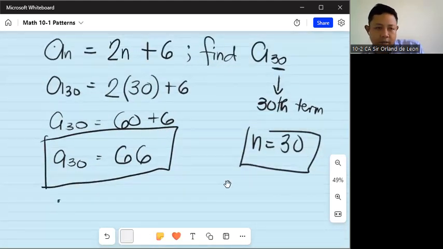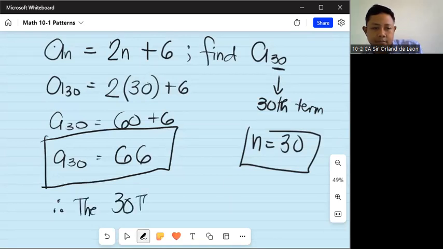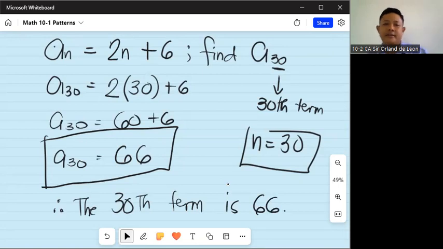So you can also make a conclusion. Therefore, the 30th term is 66. Got it. Okay. Show me a reaction if everything is clear. Very good.